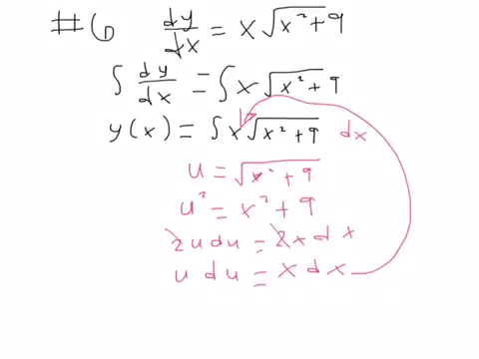So now you have a whole new integral, which is a lot easier looking to solve. So you have y of x equals the integral of square root of u squared times u du. Because remember, u du equals x dx because of the u sub.